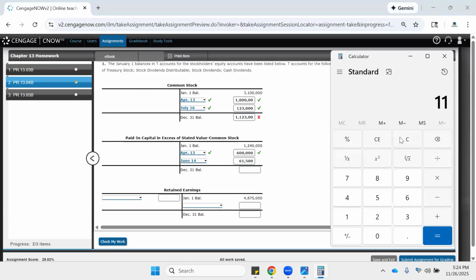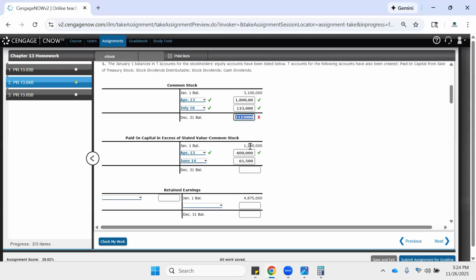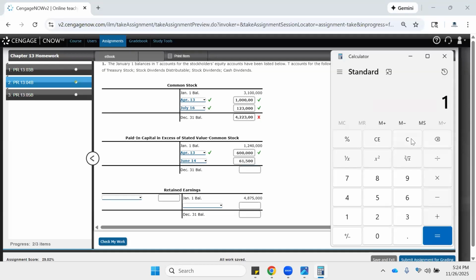So we had 1,123,000 plus 3,100,000 is 4,223,000. And then to calculate paid in capital, we have to add them all up.